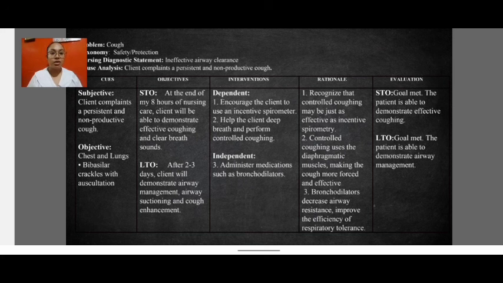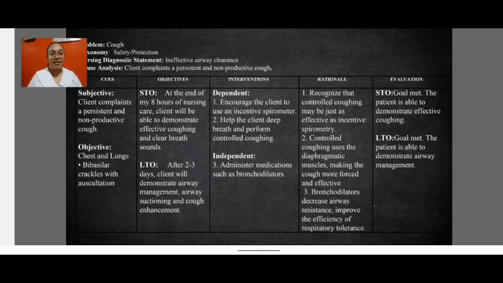For our short-term objectives, the client will be able to demonstrate effective coughing and clear breath sounds at the end of our 8 hours of nursing care. For the long-term observation, the client will demonstrate airway management, airway functioning, and cough enhancement after 2 to 3 days of our nursing care.